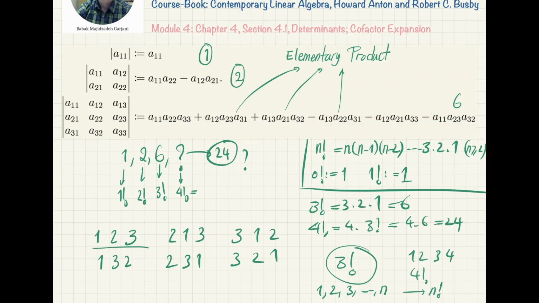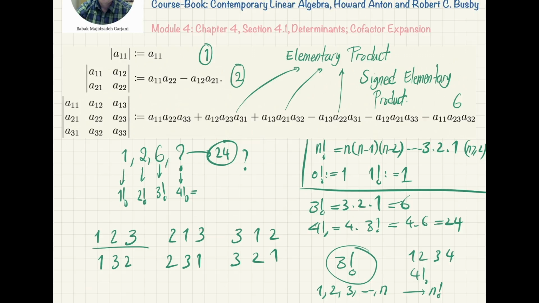Each elementary product together with its sign is called a signed elementary product. So let me write this one as well. Signed elementary product. So if you consider the sign with the product, that is called signed elementary product.